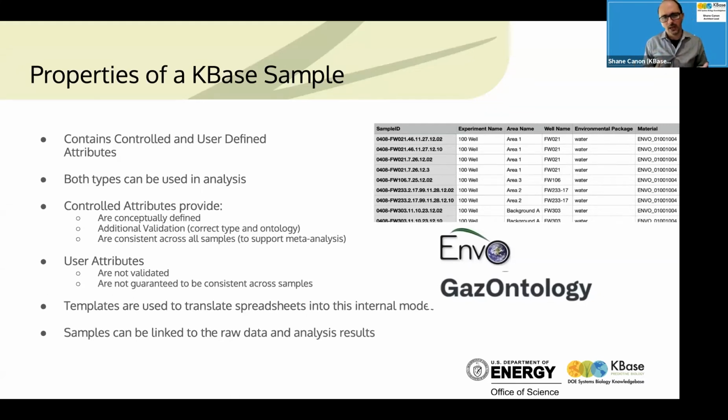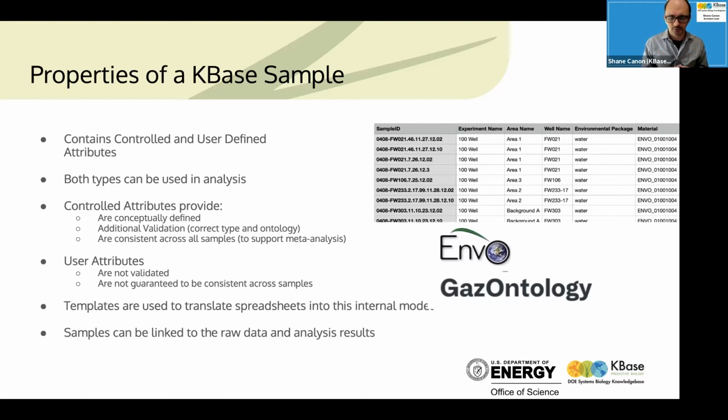A little bit about how we're capturing these inside the system. What we actually do is each sample has a set of controlled and user-defined attributes. Both of these types can be used in an analysis, and you'll see some examples of that in Pamela's slides. But the reason we have these controlled attributes is that they go through additional validation, and they have some conceptual meaning attached to them.